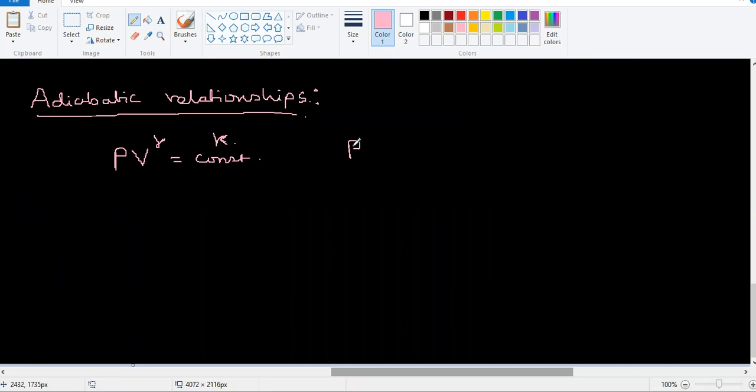Another formula which we know, from the ideal gas equation, is PV by T is equal to constant. But this constant and that constant are not the same. To differentiate, I can put K1 here and K2 here. If I want to eliminate P, you must have studied the elimination method in mathematics. So you find the P value here and substitute it over here.